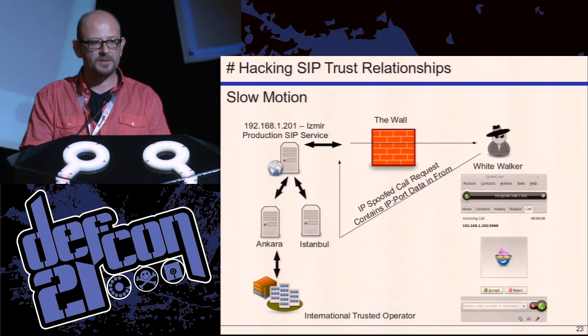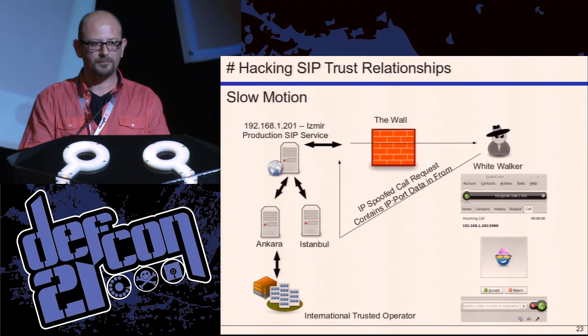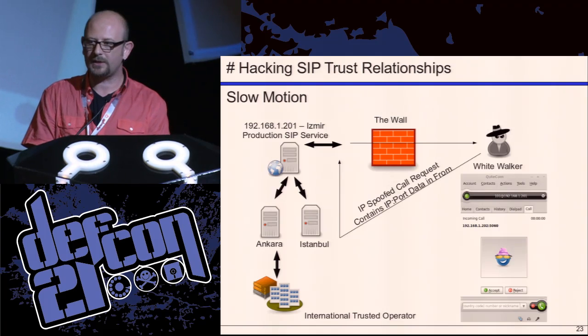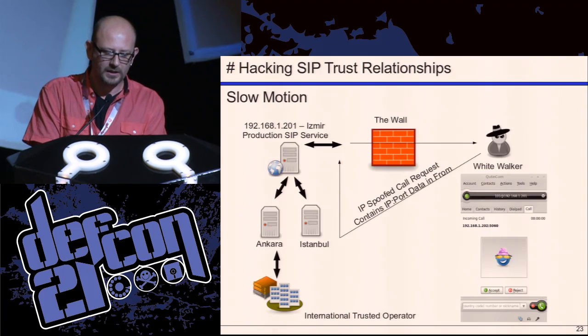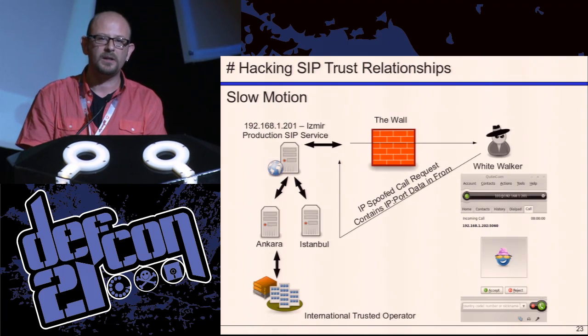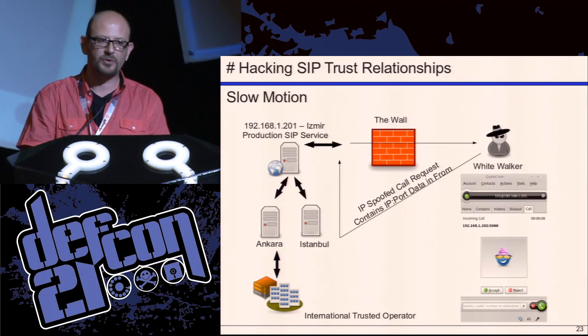Okay, here's the schema and demo. There's an attacker. The attacker has no idea about Ankara's or Istanbul's IP addresses and networks. He should know only the B class network, maybe the C class network. He should have a soft client from the Izmir server, this production server.